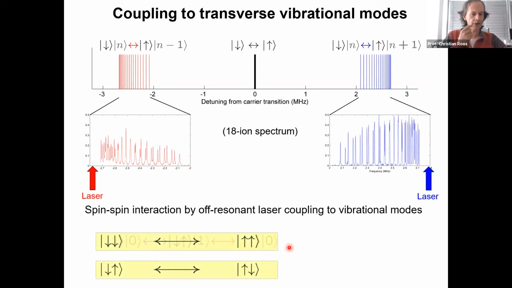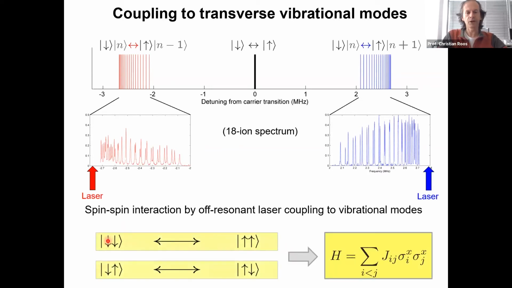And then once again, we have these two processes where we have either spins being coupled starting from the same state or starting in different states. And then what we get is a Hamiltonian that is described by a coupling matrix here, and then by the spin flip operators that now apply to ion I and ion J.